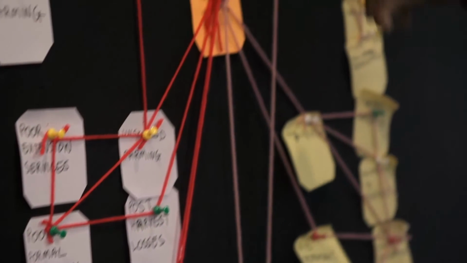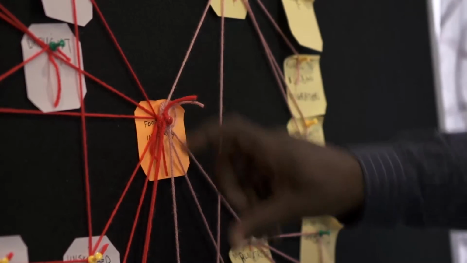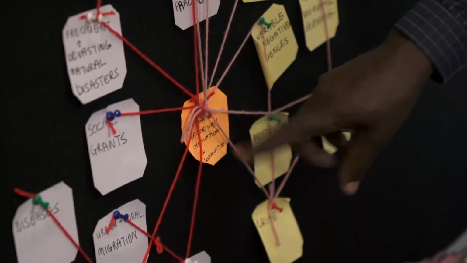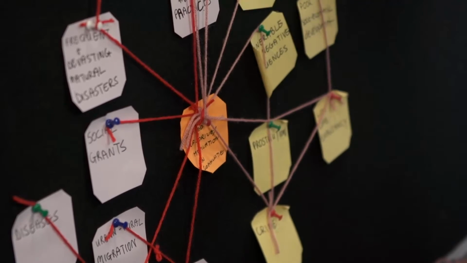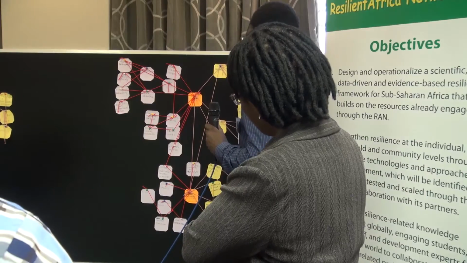But at the same time, we can say that food insecurity might cause low motivation. But let me leave that one first. Let me finish with the outcomes of this. What happens when you have food insecurity?